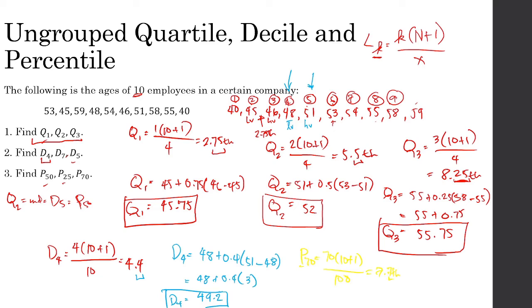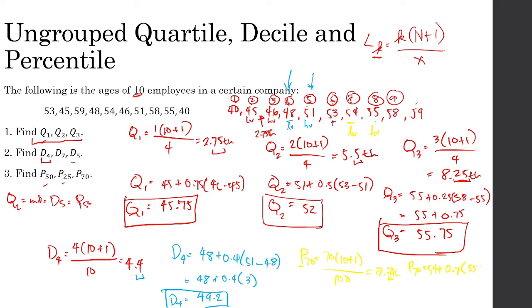Okay? So meron ka na namang 0.7. So interpolation ulit. So your P70 will be 54, okay, so that will be your lower value, and 55 will be your higher value. So you have there 54 plus your fractional value, which is 0.7, multiply mo lang dun sa difference ng higher value and lower value, which is just 1.